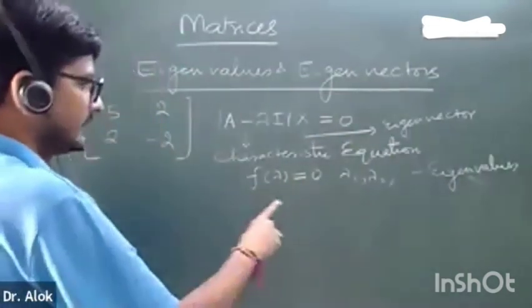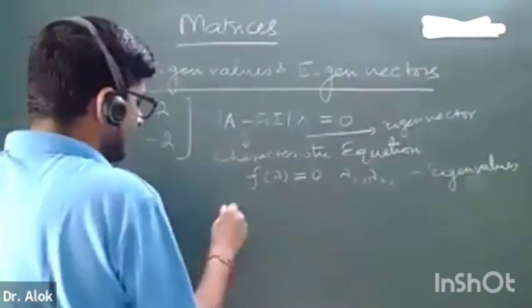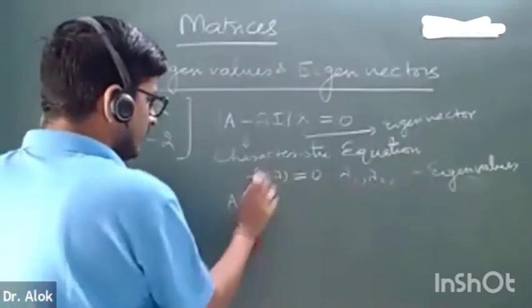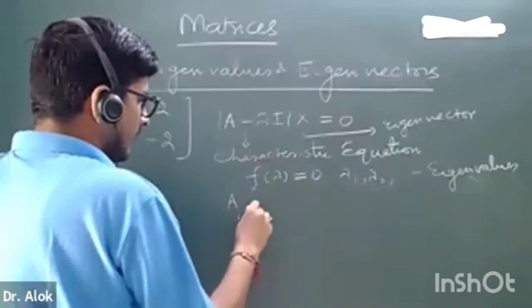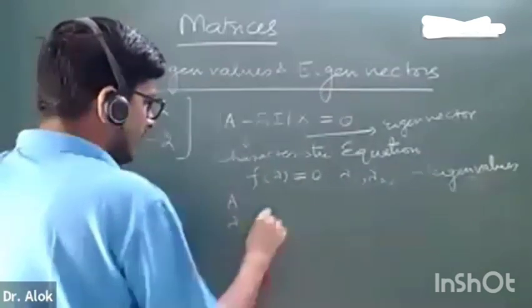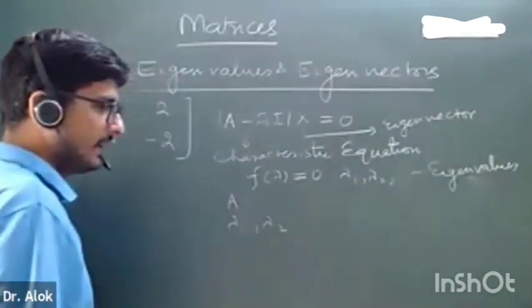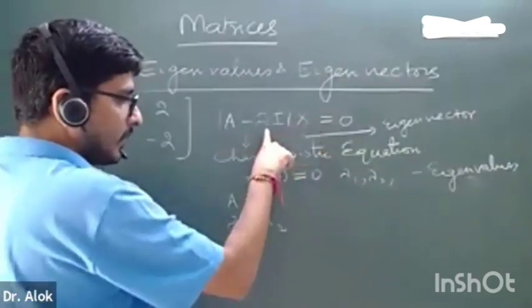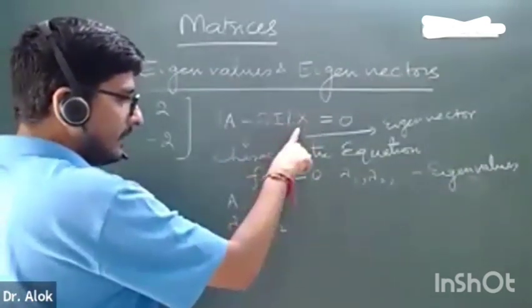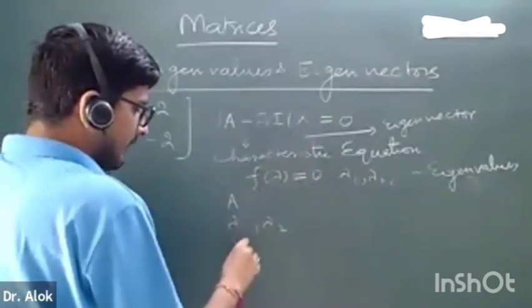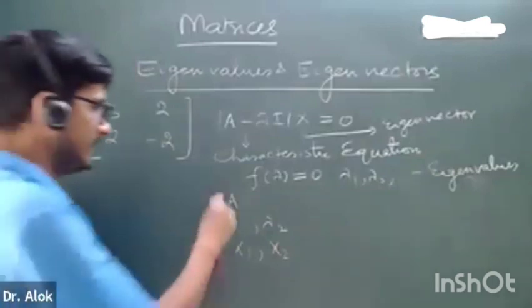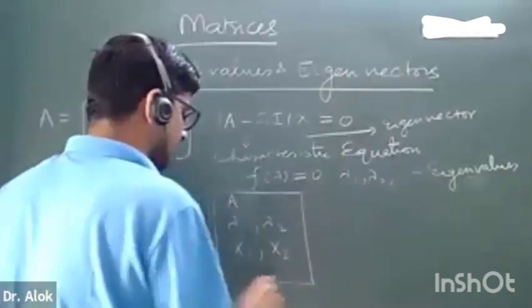Please see this very carefully. Suppose A is a matrix, lambda 1, lambda 2 are the eigenvalues, then corresponding to a particular lambda there will be an eigenvector. So capital X1, capital X2 will be the eigenvectors. This is the complete story that you must understand.